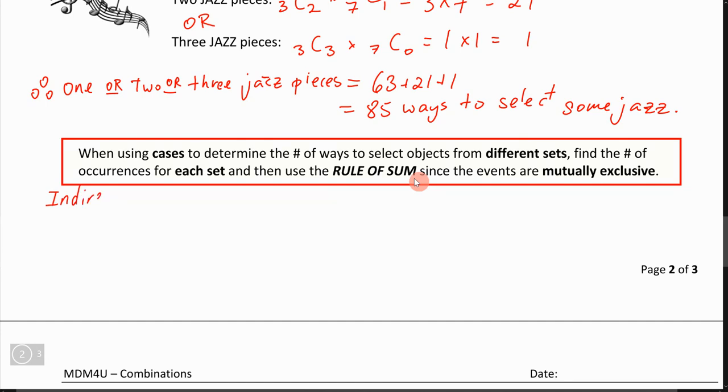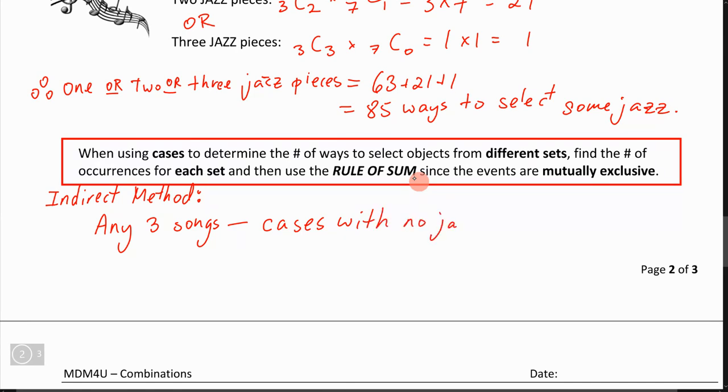So, indirect method. Any 3 songs, minus cases with no jazz, equals the number of combinations of having some jazz.